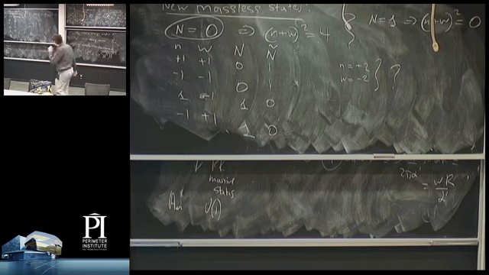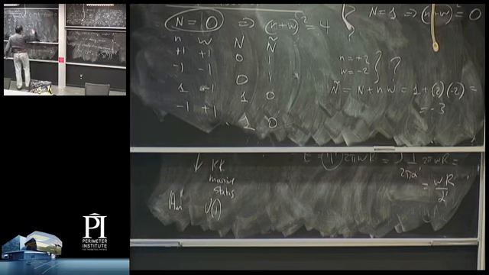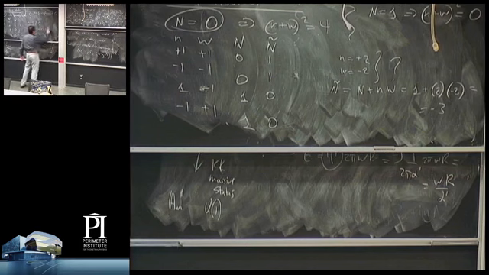Okay, let's see what the problem is. Let's choose your favorite state, which is 2 and minus 2. For this state, what is the value of n tilde? I have to look at the level matching condition, right? So n tilde is going to be equal to n plus n times omega. So n in this case equals 1, so I have 1 plus 2 times minus 2 equals minus 3.